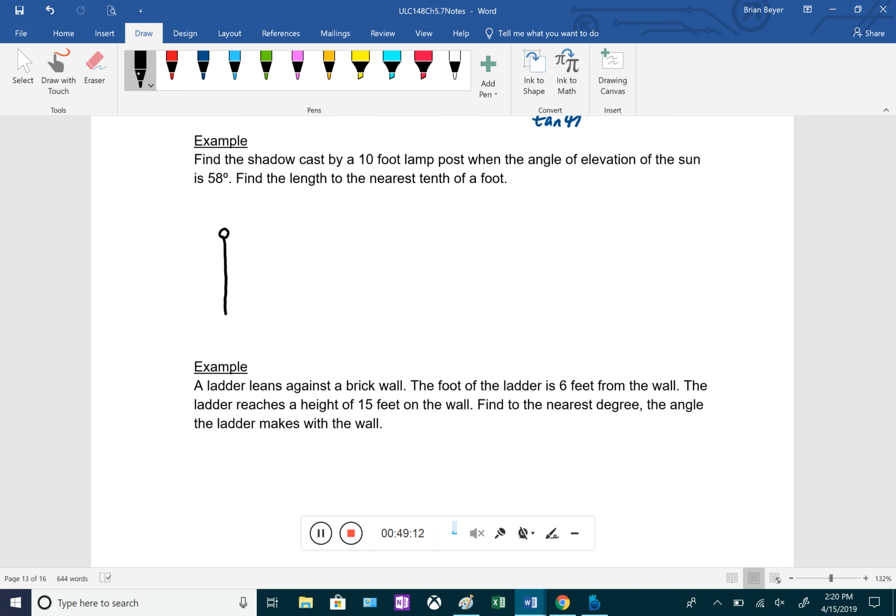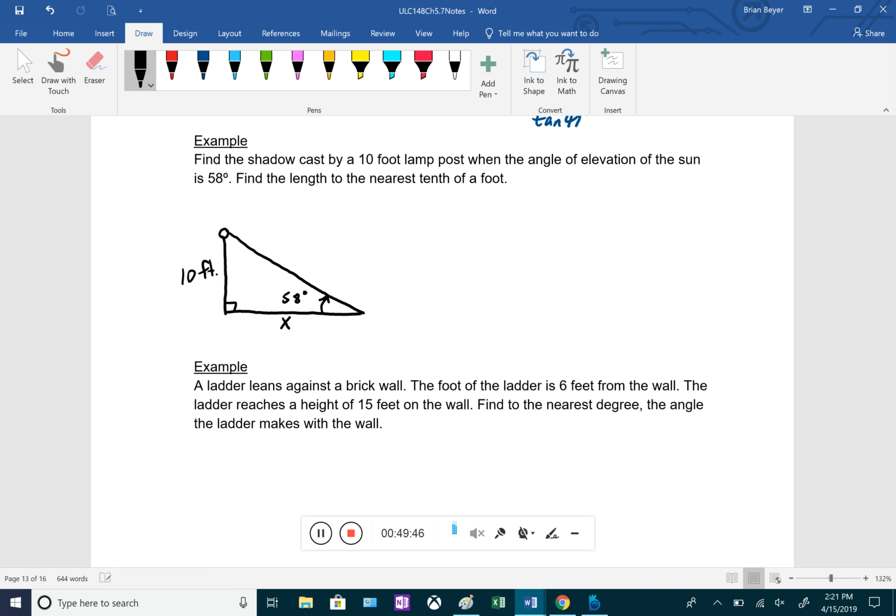We know the lamppost is 10 feet tall, and we have this angle of elevation from the end of the shadow, which is 58 degrees. So we create this right triangle, and we're looking for the length of the shadow, so we're looking for x right here.